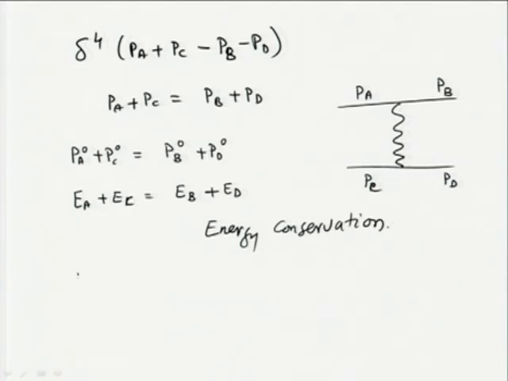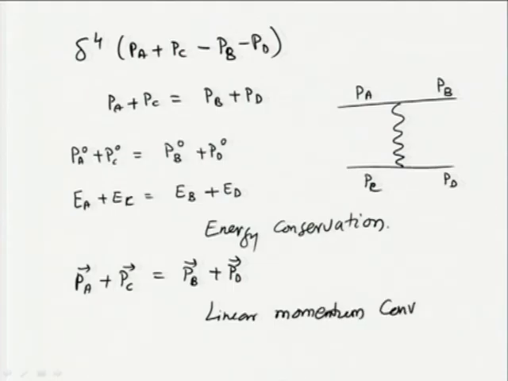Similarly, when we look at the 3-momentum, Pa plus Pc is equal to Pb plus Pd. The sum of the initial 3-momenta is equal to the sum of the final 3-momenta. So, this is the linear momentum conservation.